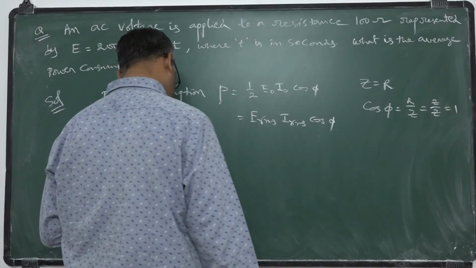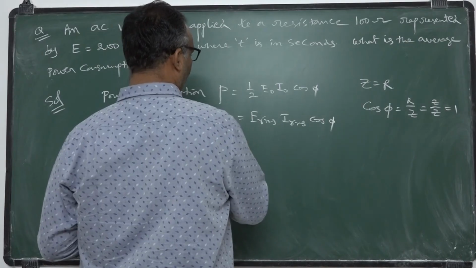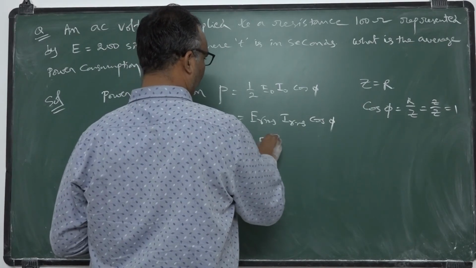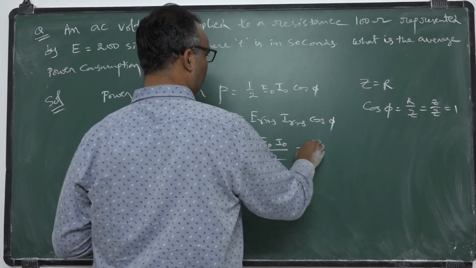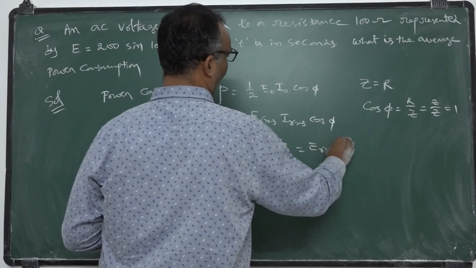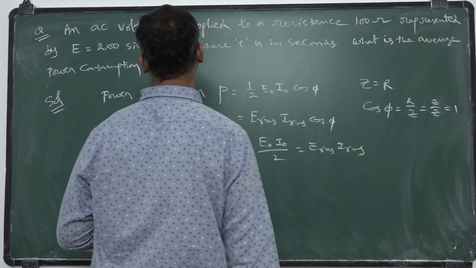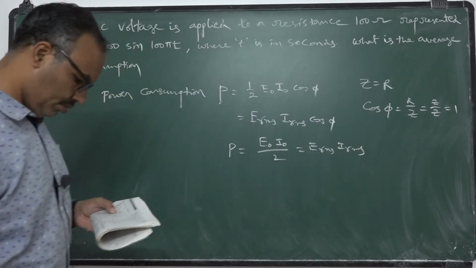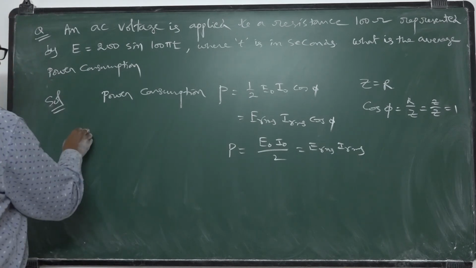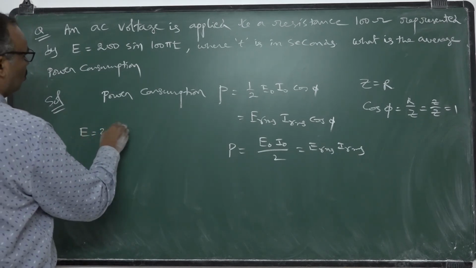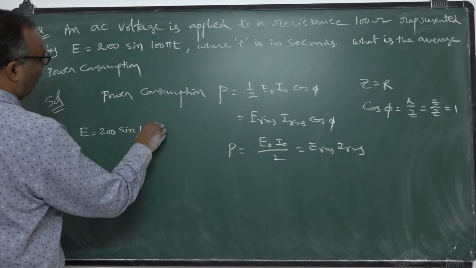So you can write power value as E naught I naught by 2. Otherwise ERMS into IRMS, anything you can write. So as per the given question, E is equal to 200 sine 100 pi t.